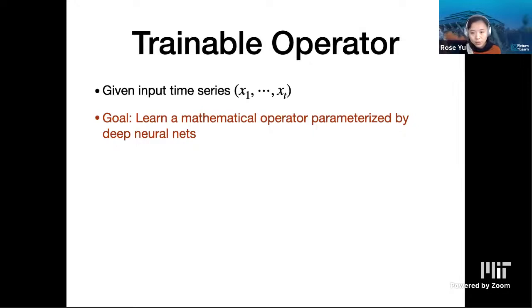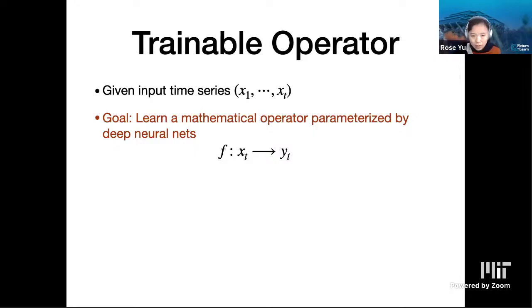And what we want to learn is a mathematical operator, parameterized by a deep neural network, that gives us a mapping from some xt to some yt, where yt can even be the next timestamp of the prediction, which is xt plus 1. So if we can successfully learn this underlying map, then we say we learn the underlying dynamics of the system.